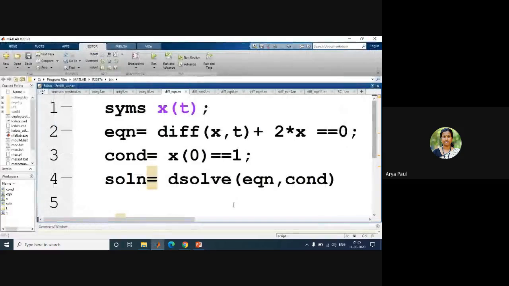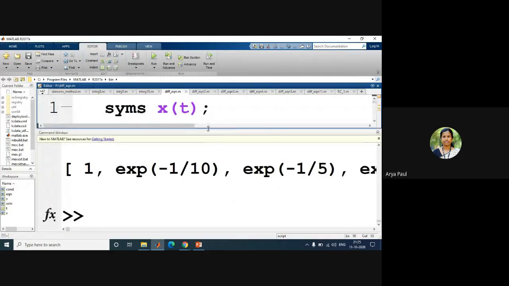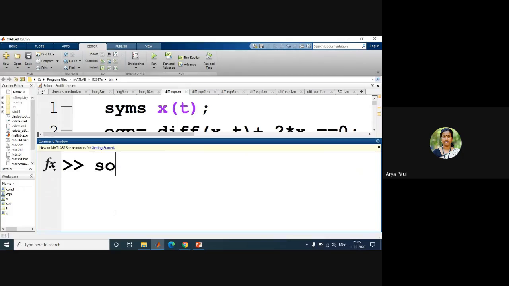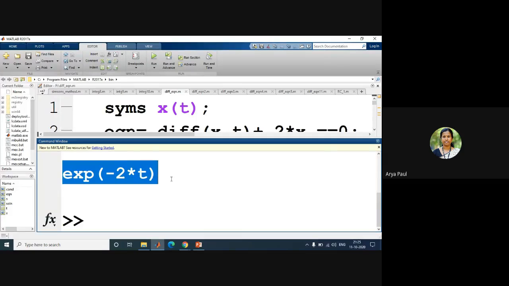You can find out the solution in the command window also. Let me do that. Let's type SOLN, that is your solution. Here you can see e raised to minus 2 times t. This is the solution. There will not be the constant term. Why? Because you have already put the initial condition.